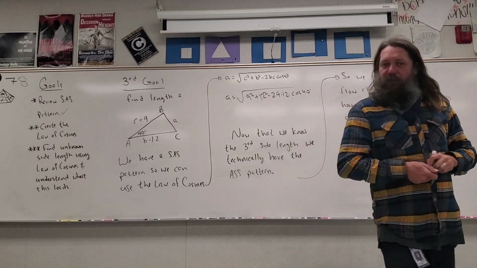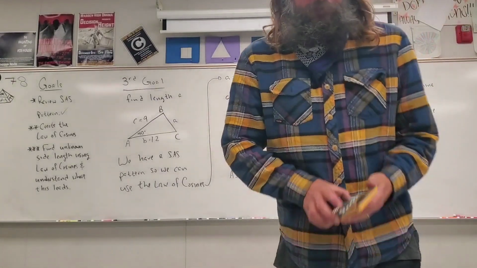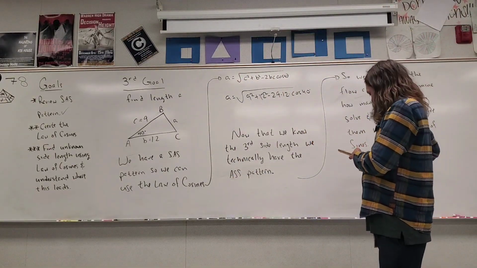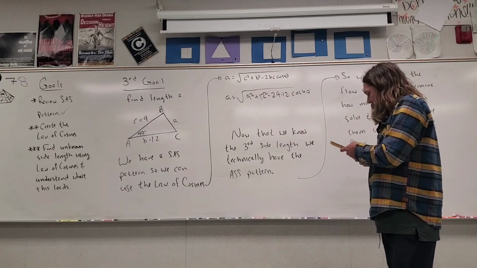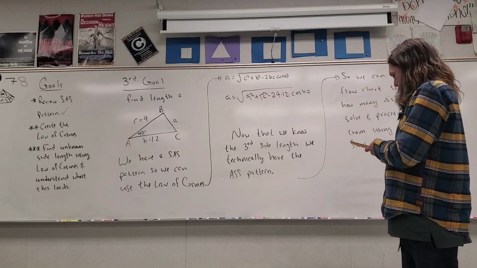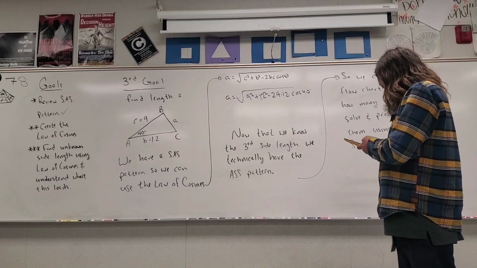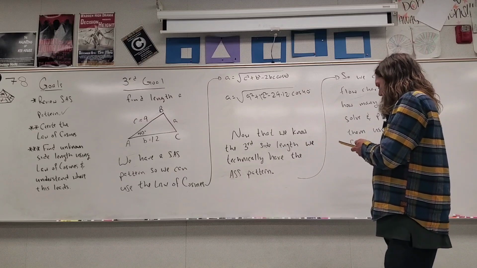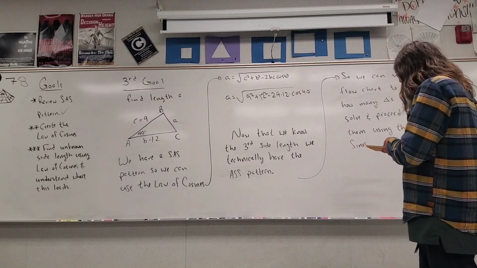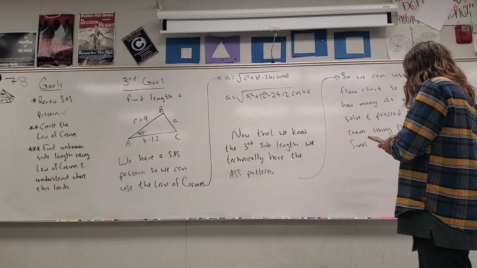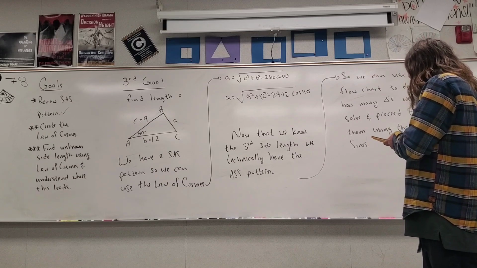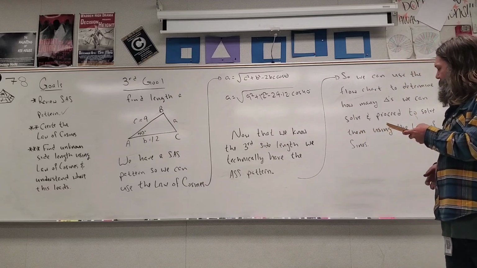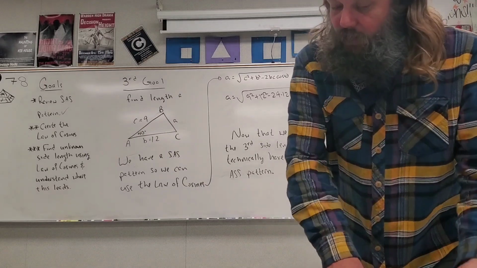So let's go ahead and calculate this. All right, turn it on. There you go. You're awake. So I want the square root of 9 squared plus 12 squared minus 2 times 9 times 12 times cosine of 40, and that's going to equal 7.71.